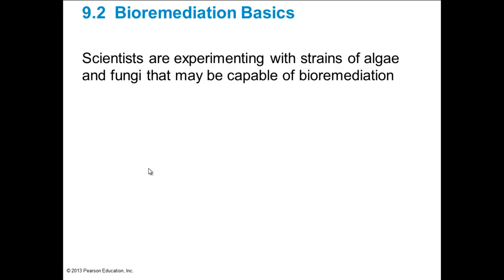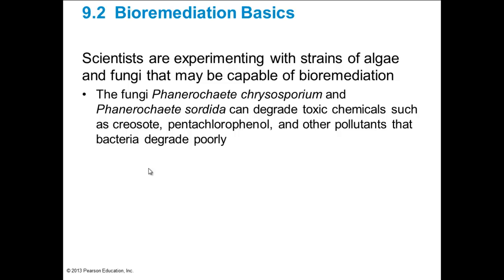There are also algae and fungi that are capable of biodegradation. The fungi Phanerochaete chrysosporium and Phanerochaete sordida are used in degrading contaminants associated with wood treatment, like creosote, pentachlorophenol, and other pollutants.